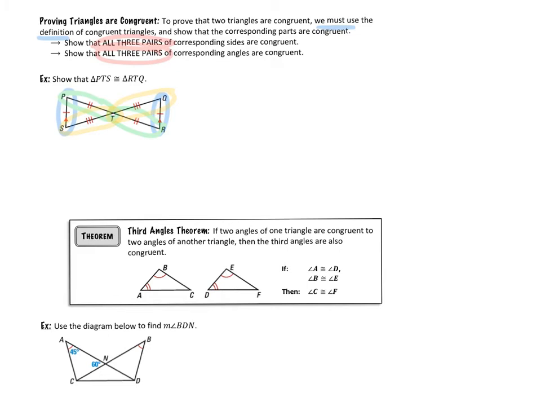So I have three pairs of corresponding sides. Okay, now I've erased those marks because we can also do the three pairs of angles.